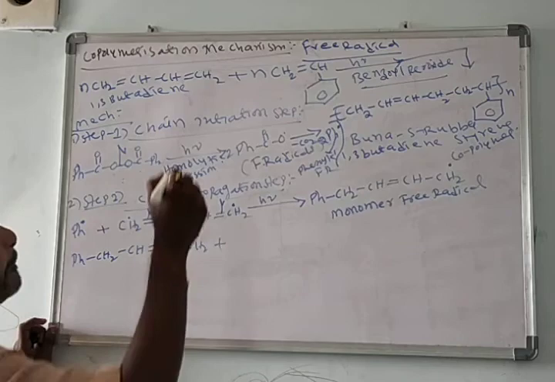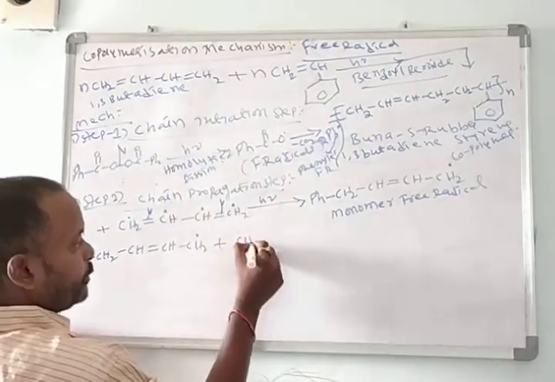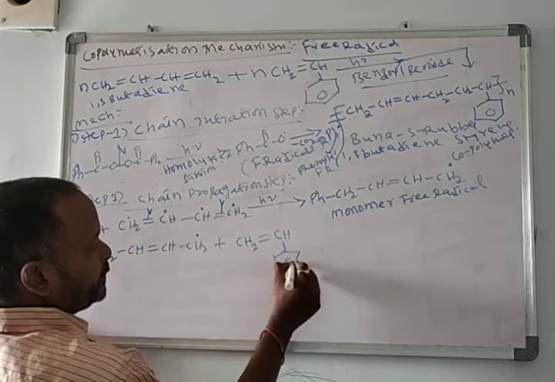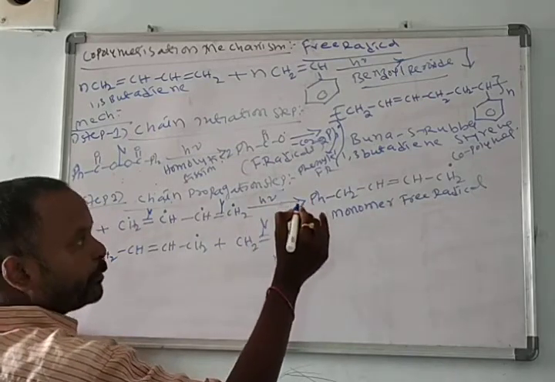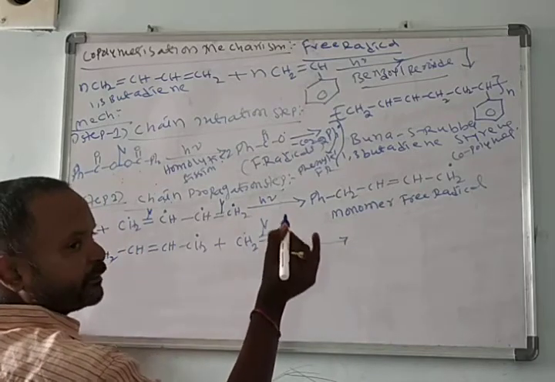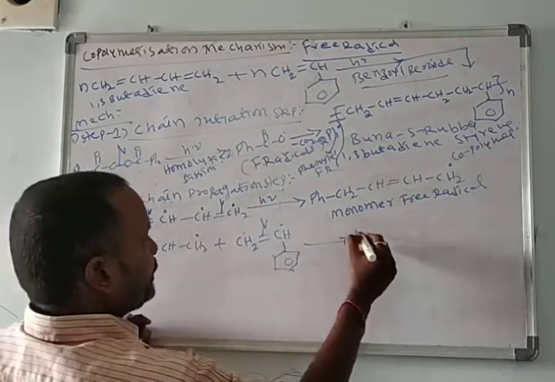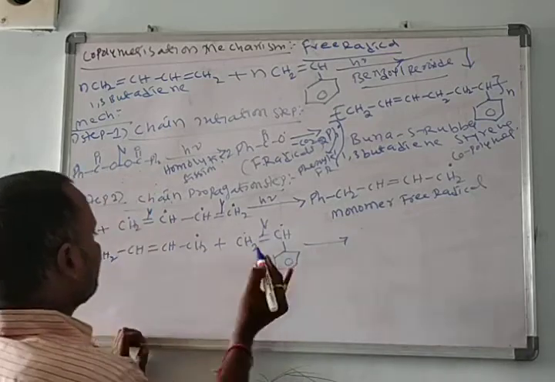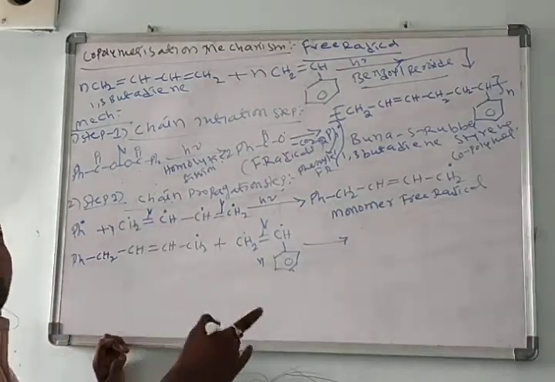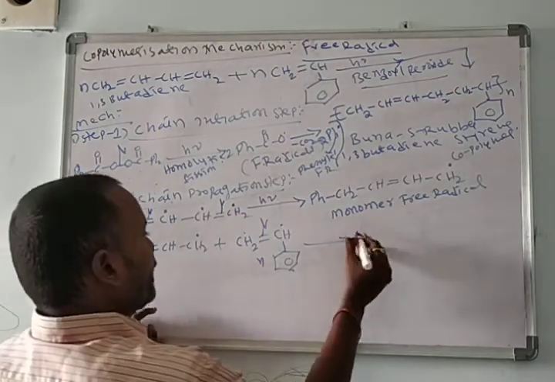Here it attacks another monomer, styrene. This is the styrene. It undergoes homolytic fission, and here we will get a dot, here a dot, and it forms a chain with n number of units.